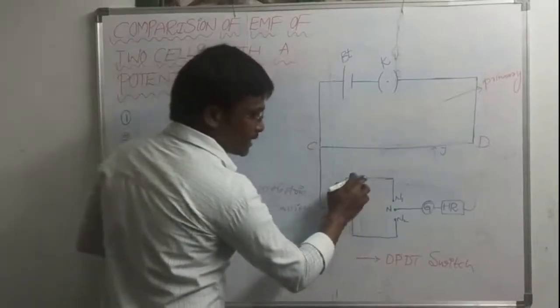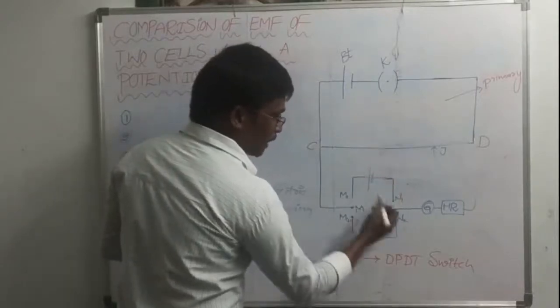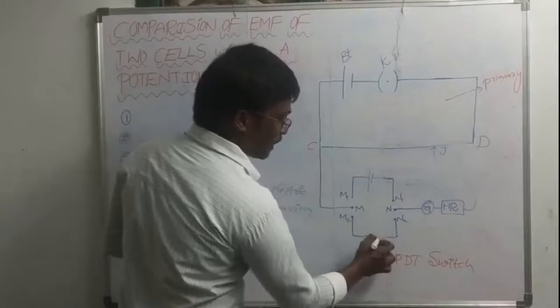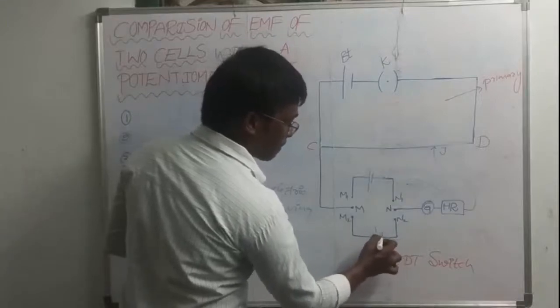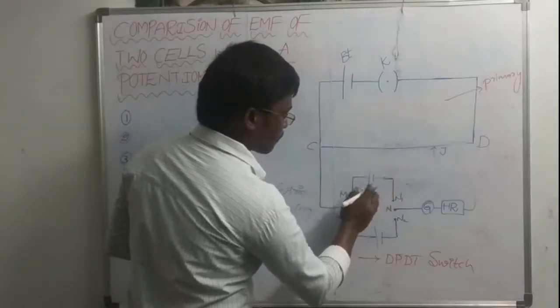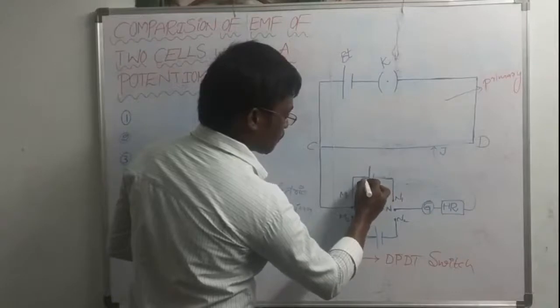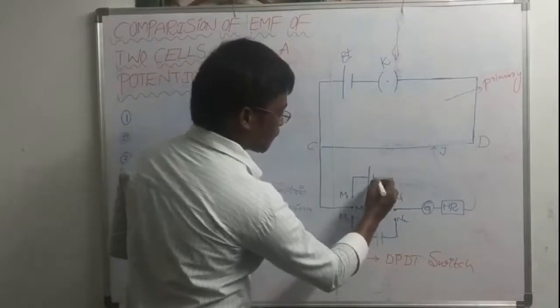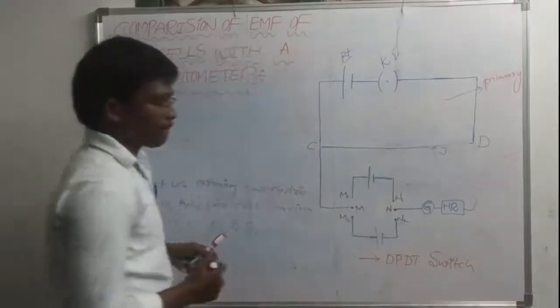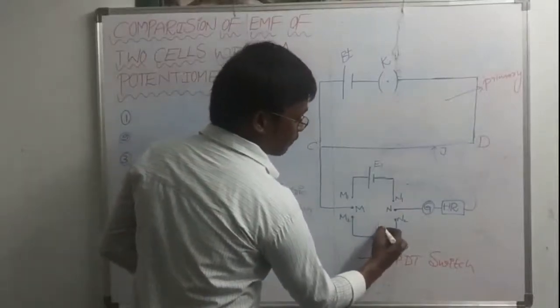Here I am arranging one electric cell. So this EMF is E1, this EMF is E2.